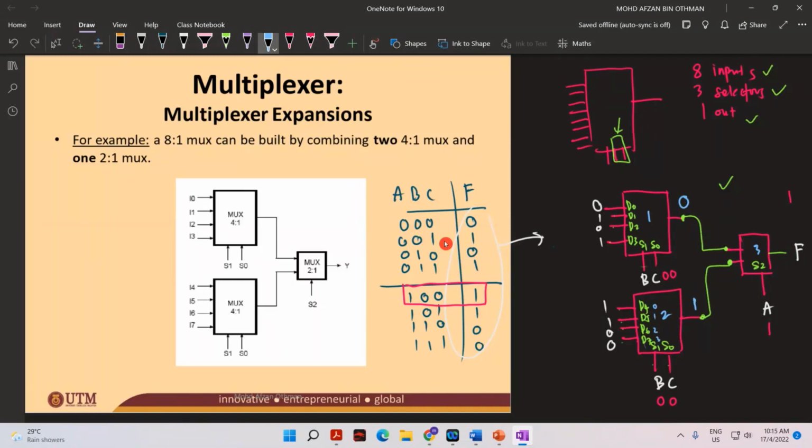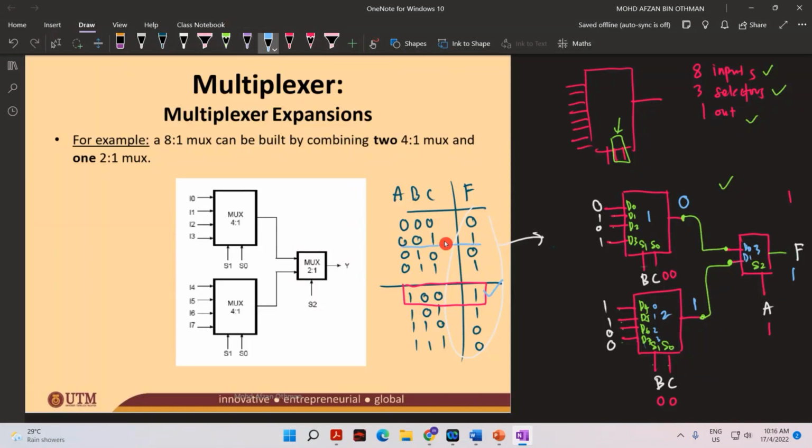Okay, so yang ni akan jadi input kat sini 0 and 1. And A kita ni 1. So 1 ni akan ambil yang atas ke yang bawah? Input atas, input bawah. Bila A sama dengan 1. So kita letaklah ni D0, D1. So dia akan ambil yang bawah ni lah, which is the output akan jadi 1. Betul tak 1? Betul.